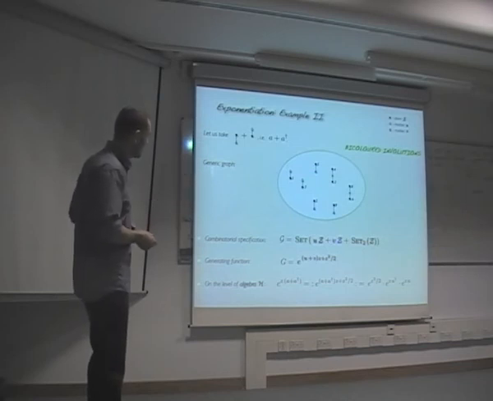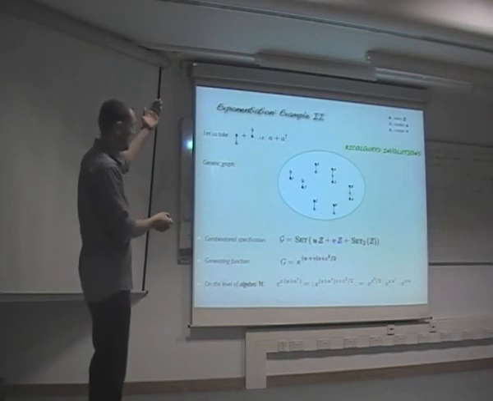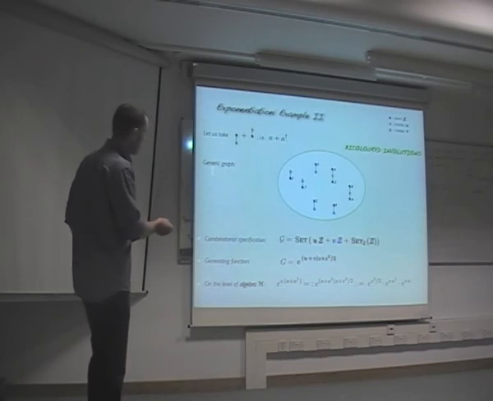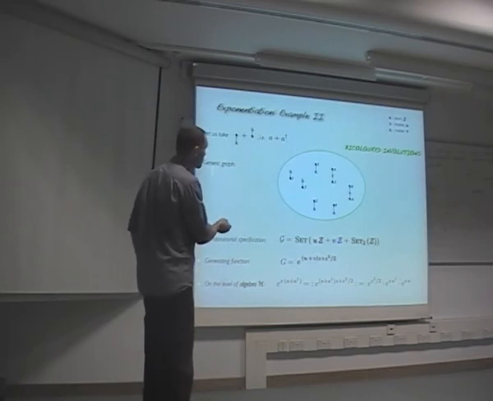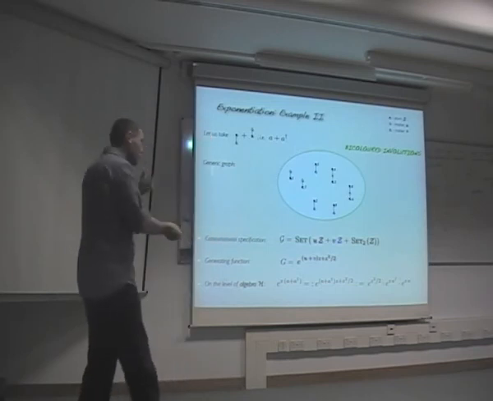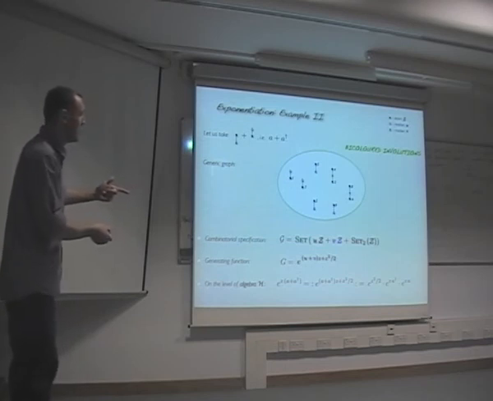This is a set of objects which are either lines which go out, where the outgoing lines are marked with U, or ingoing lines, or this sort of object whose exponential generating function is here.